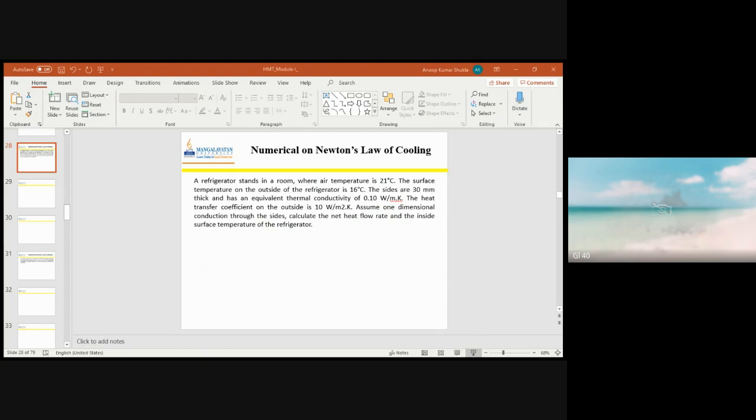It depends on the distance also. The thermal conductivity of the plate is given as 40 watt per meter Kelvin. Calculate the heat transfer coefficient. So in this case, we need to calculate the value of h. So first try to solve this.